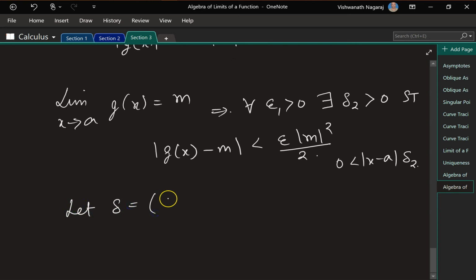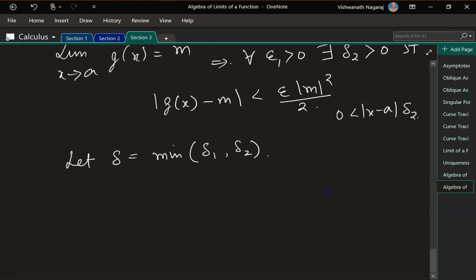Let's say delta is the minimum of delta 1 and delta 2. Which means we can write the statement as 1 by magnitude of g of x is less than 2 by magnitude of m, and the condition now becomes x minus a is between 0 and delta, not delta 1 and delta 2.